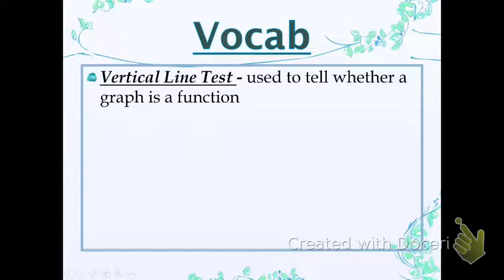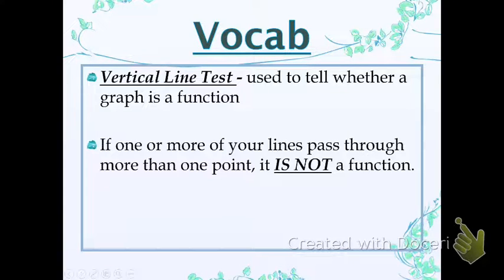Now, if you're looking at a graph rather than a table, we use something called the vertical line test to tell whether or not something's a function. You'll imagine drawing lots and lots of vertical lines, and if all of the lines that you draw only hit one point, then it is a function.